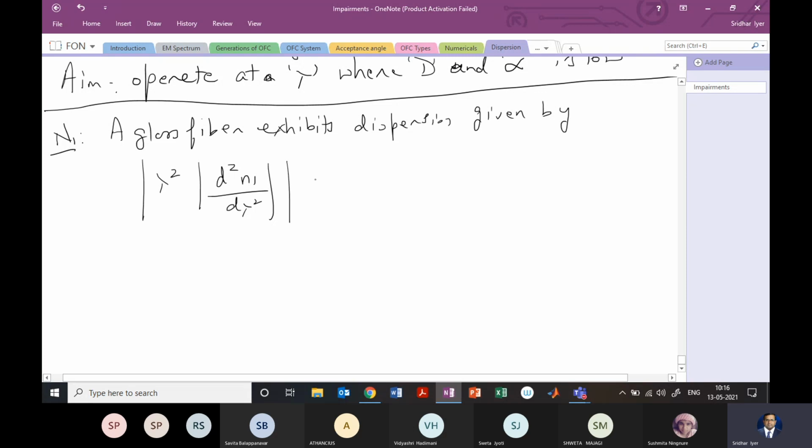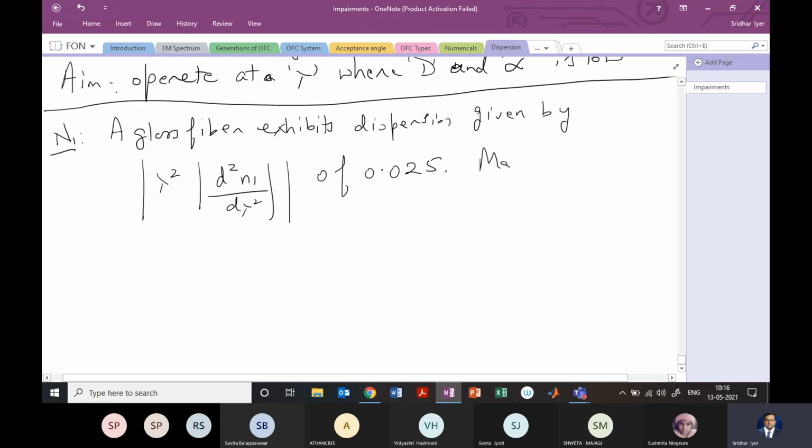And I explained to you why we are using the modulus, because the broadening cannot be on the negative side. So using the modulus, it's only going to be a positive broadening. Okay. So given by that equation of 0.025.